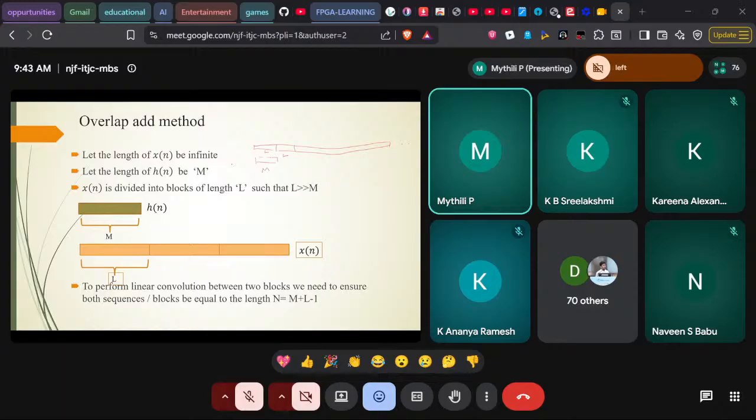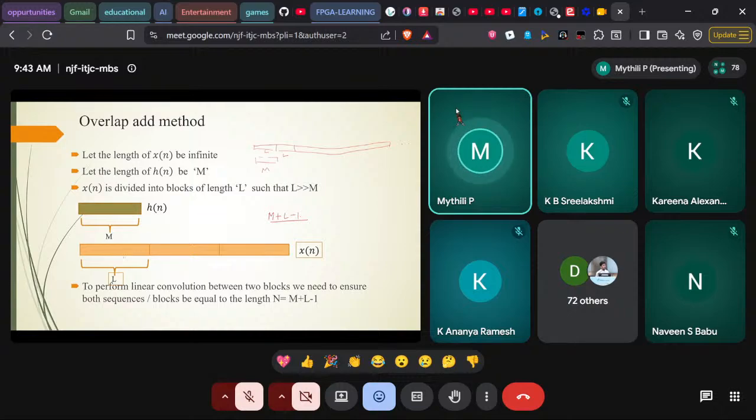So what have we learned till now? In order to perform linear convolution using DFT, the criterion is that both the blocks should have a length equal to m plus L minus 1.